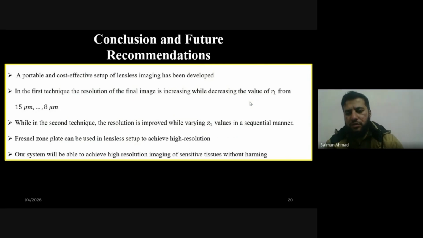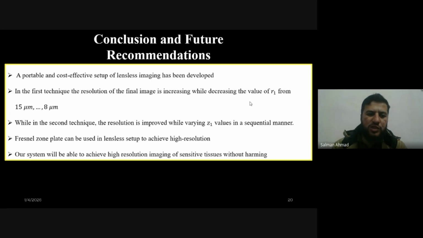We have developed a portable, cost-effective setup of lensless imaging. In the first technique we resolve the final image by decreasing the value of R1, while in the second technique the resolution has been improved a little, or we can say the twin image effect has been removed by using Z1 values in a sequential manner.